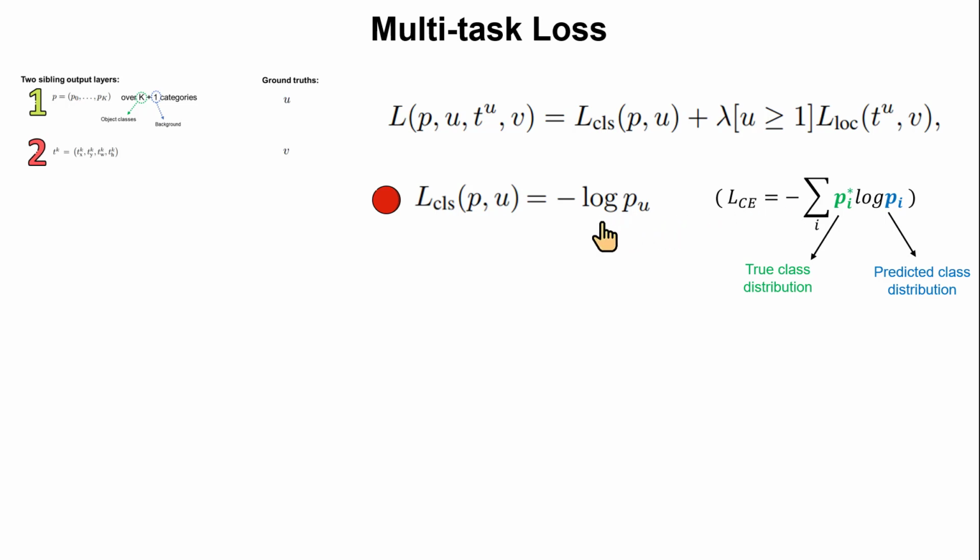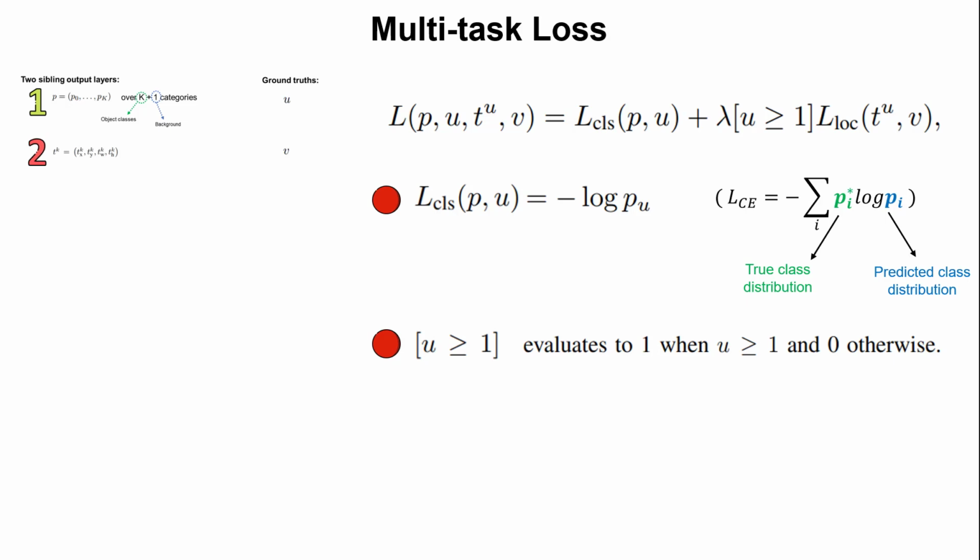mentioned in the paper. The next thing in the formula is this bracket thingy, which is called the Iverson bracket indicator. The paper says this evaluates to 1 when u is greater than or equal to 1 and 0 otherwise.